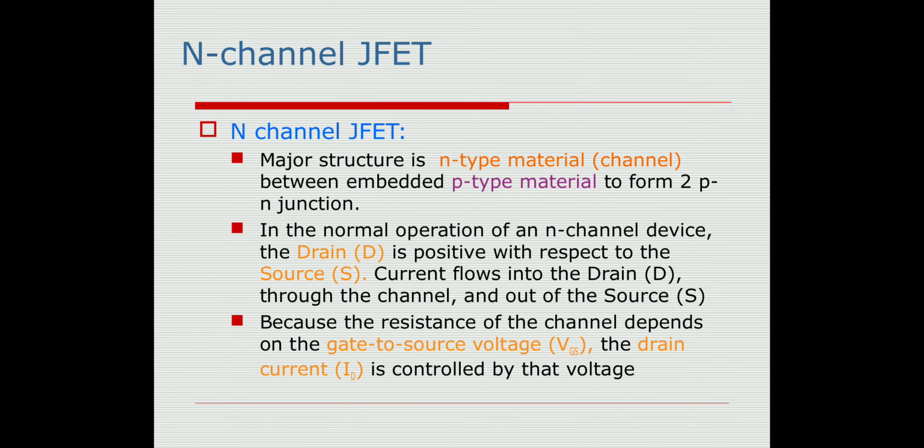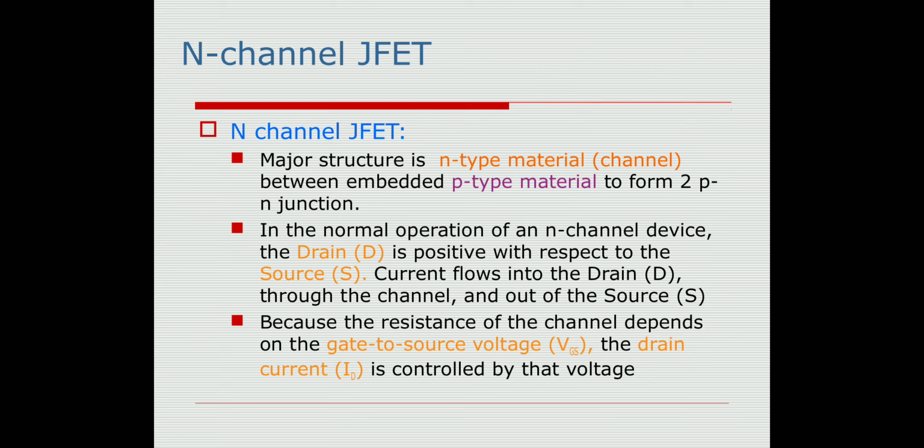Now we will discuss N-channel JFET. The major structure is N-type material, that is the channel, between embedded P-type material to form two PN junctions. So here also we have two PN junctions. In the normal operation of an N-channel device, the drain is positive with respect to source.